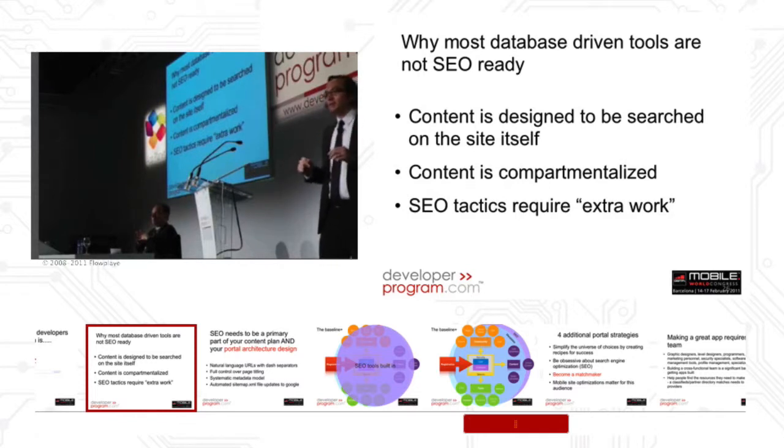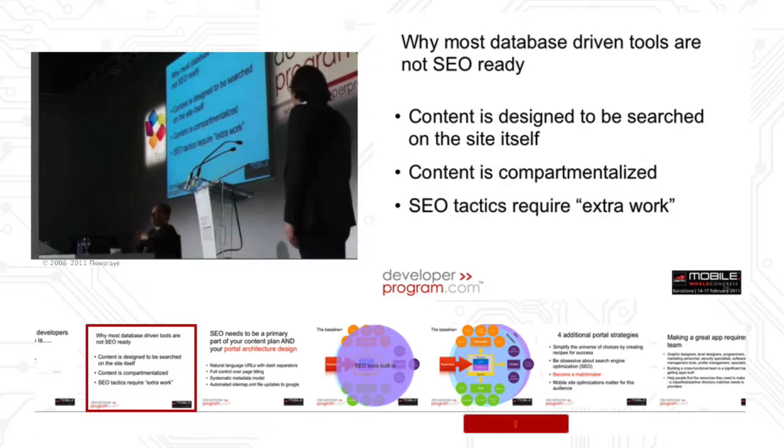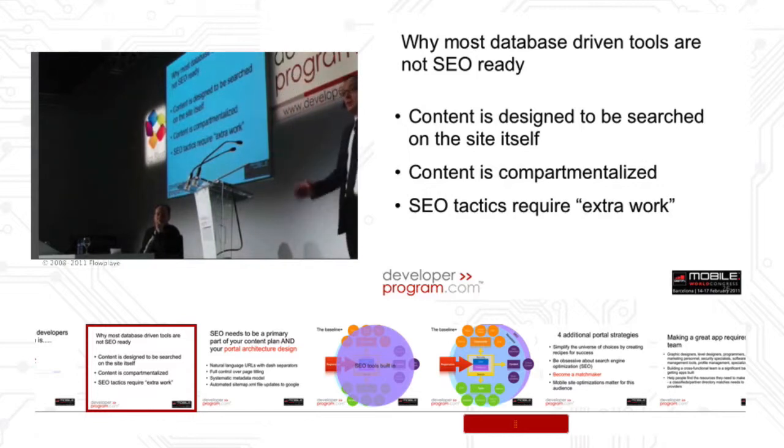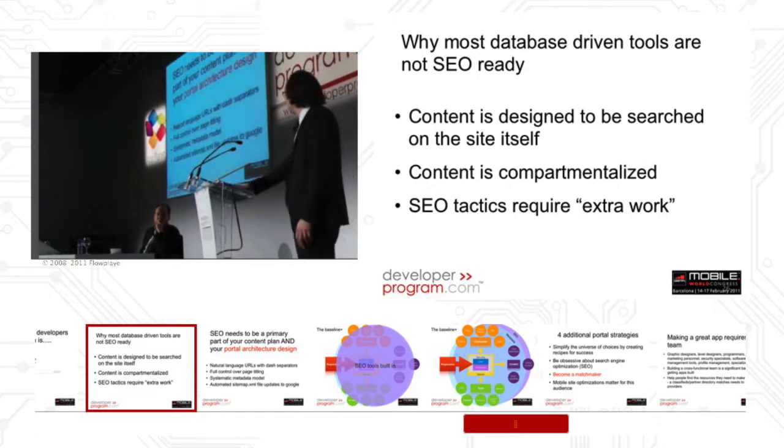The URLs are not natural language, so you've got an FAQ system and the URL is like FAQ equals 19645. That's the ID of the FAQ. That's not an SEO optimized URL. And even if it is, SEO tactics require extra work on the part of the content authors who, generally speaking, are overwhelmed anyway. So what do you do?